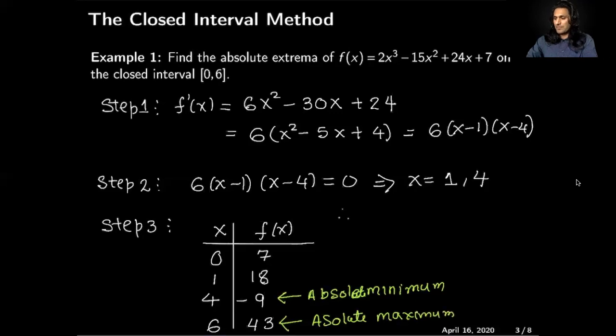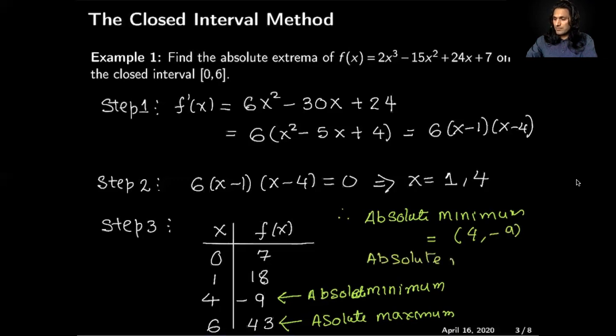Therefore, the absolute minimum is this point, which is 4 comma negative 9, and the absolute maximum is this point, which is 6, 43.